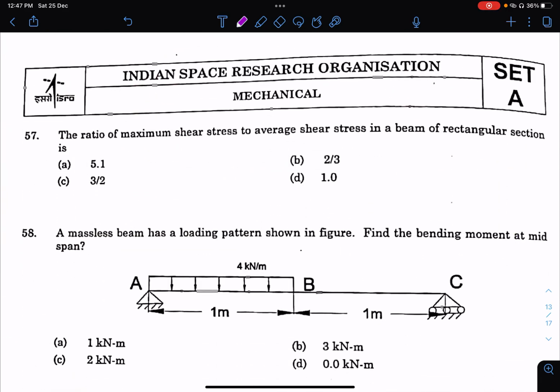The next question is: the ratio of the maximum shear stress to the average shear stress in the rectangular beam is? So we know that tau max is equal to 3/2 of tau average.